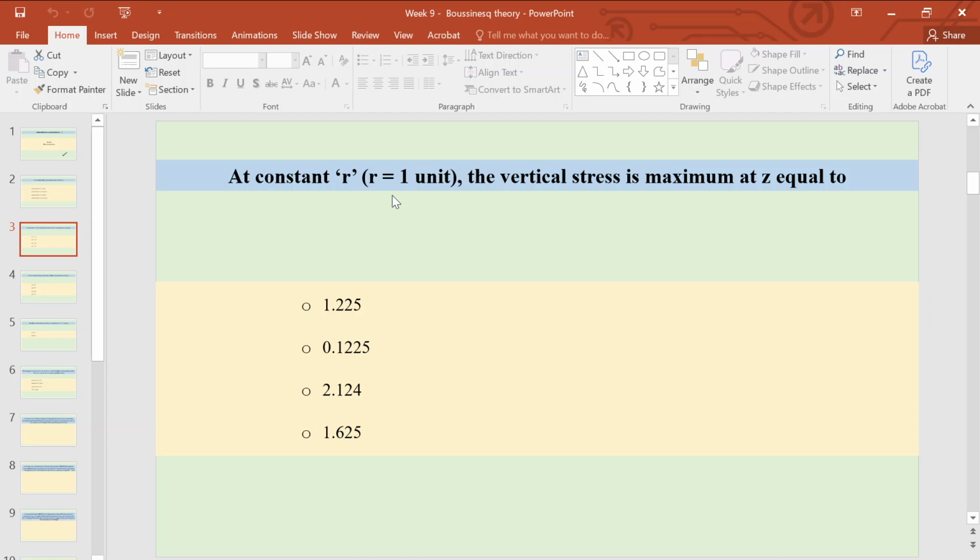So at constant r, r equals 1 unit, the vertical stress is maximum at z equal to, first option, 1.225, second option, 0.1225, third option, 2.124, last option, 1.625.